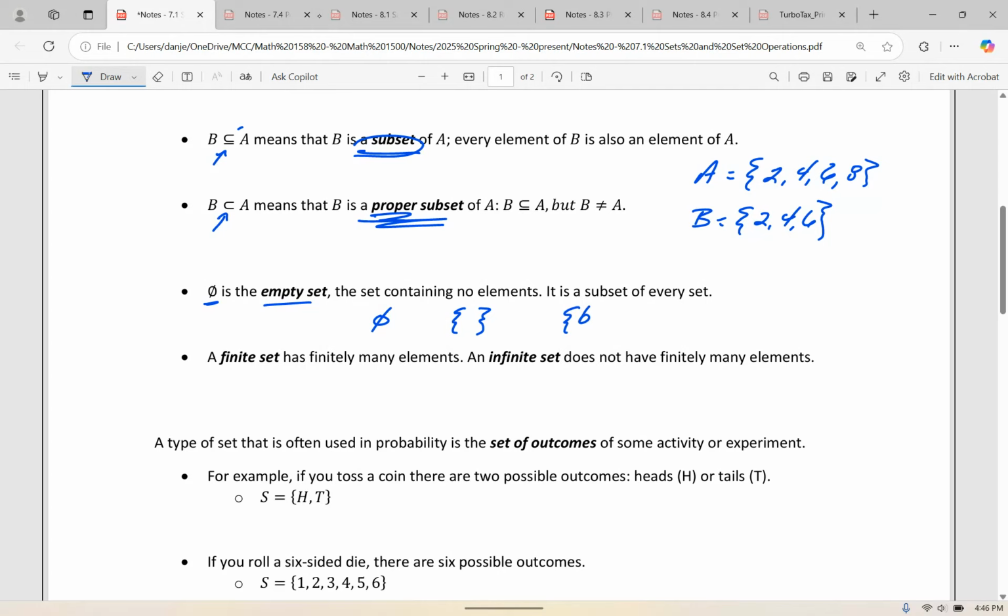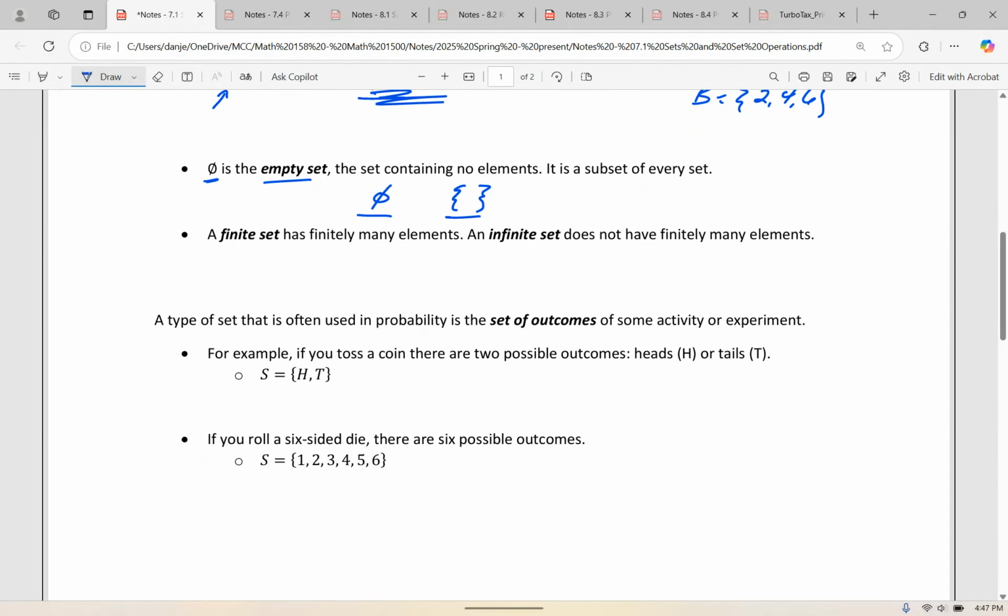This, however, let me draw that more clearly, is not the same thing. I can't write that because that means I have a set of all these symbols that are circled with a slash through it. And that's just not okay. So let's get that out of here. I could write the empty set either as the 0 with the slash through it, or the set that's empty.